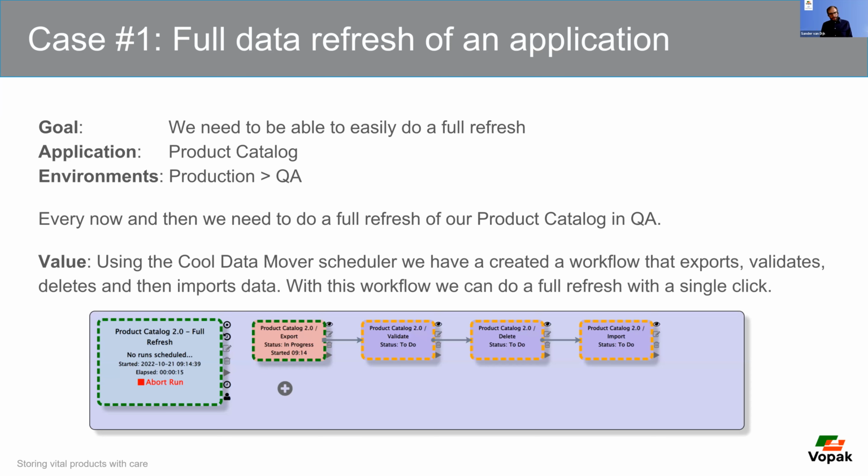So what we can do with Cool Data Mover, of course, we created the packages, but with the scheduler, we can create a workflow with the packages, and with a single click of a button, we can say: export the data, then validate the data on the target environment, which basically means if inconsistencies are found in the data, then it will not continue, but you will get notified about it. If the validation is correct, continue with deleting the data on the target environment and then import the data, which basically means that with a single click, you can do a full refresh of that application.